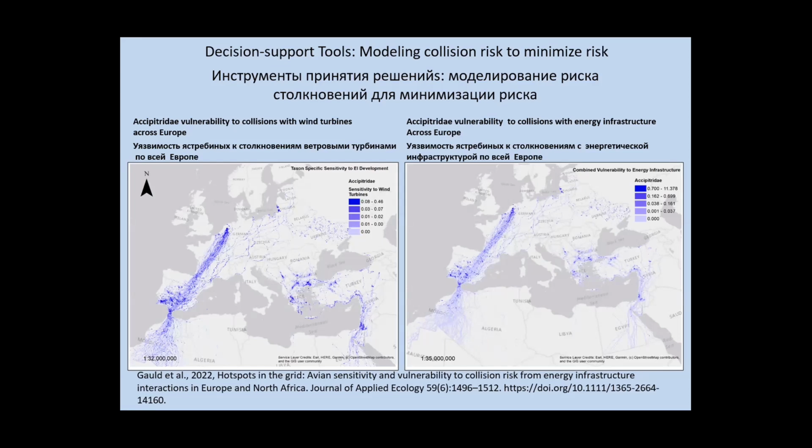The dark blue represents the highest likelihood of collisions for exhibitors in the countries shown. Information like this can help developers and biologists make decisions about where or where not to build certain facilities.